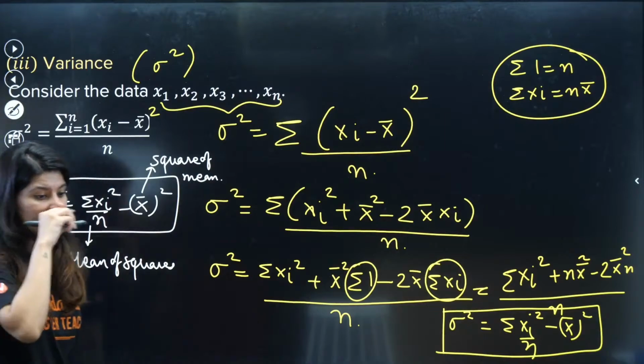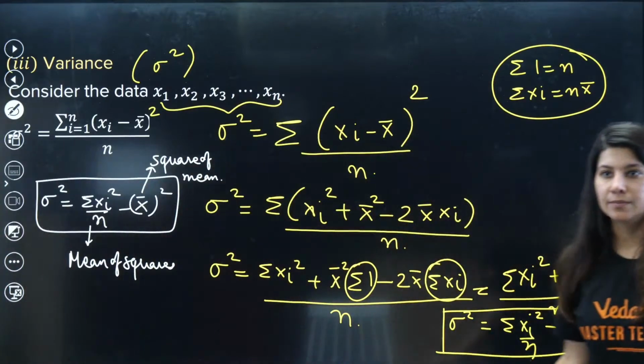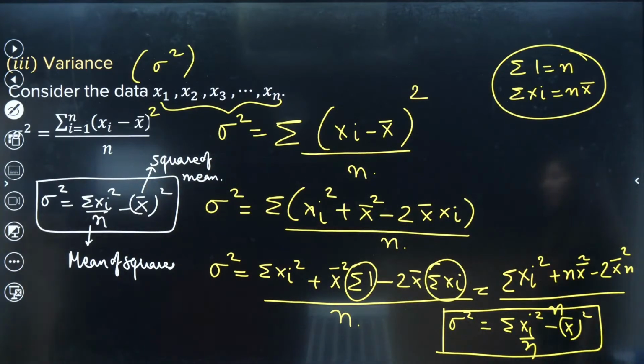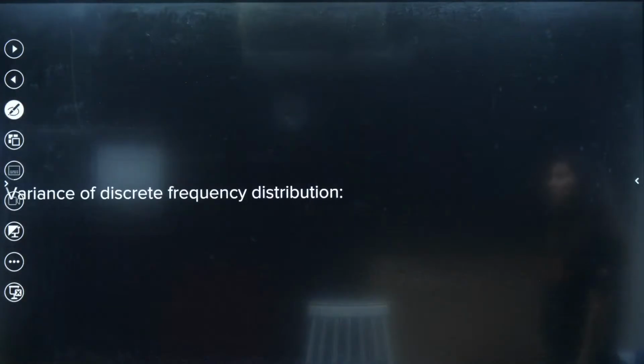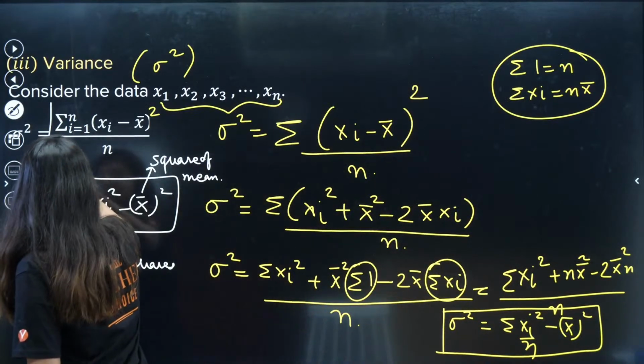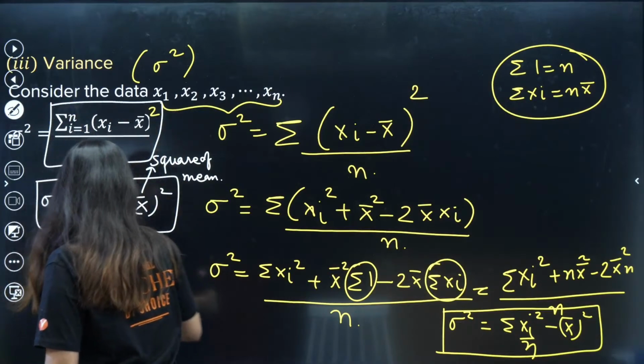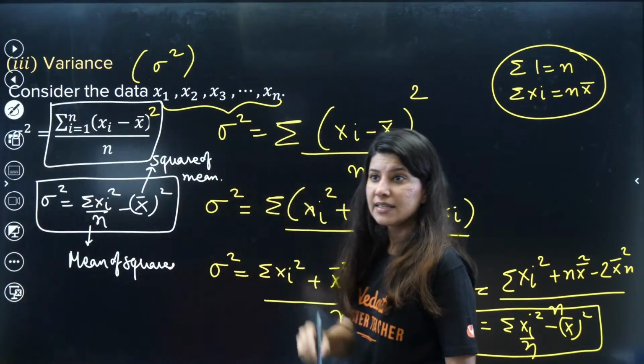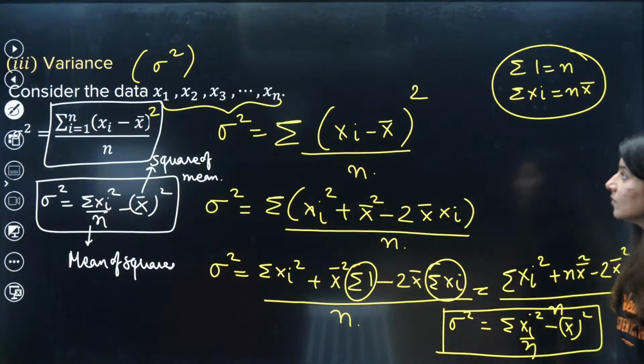Mean of squares and square of mean, right? So this is what we call variance. So these two formulas are very important. Can you see this? First one is this for sigma square, second one is this, okay?